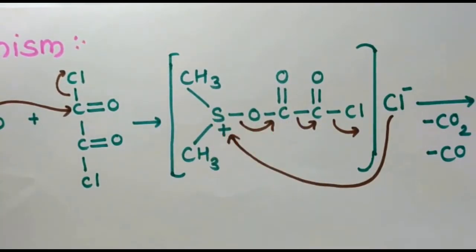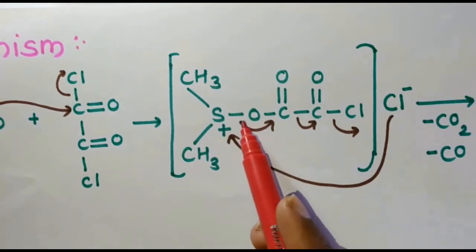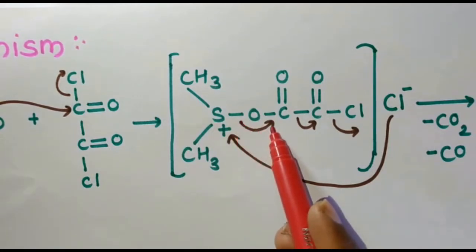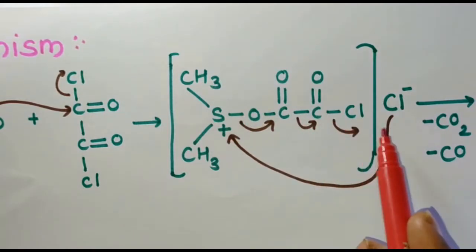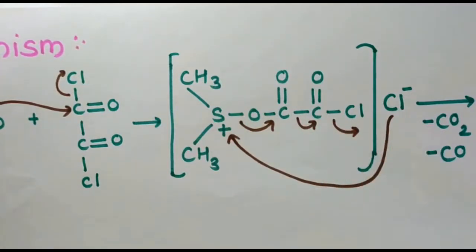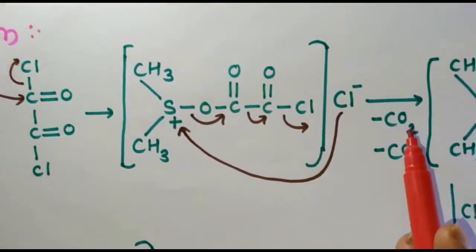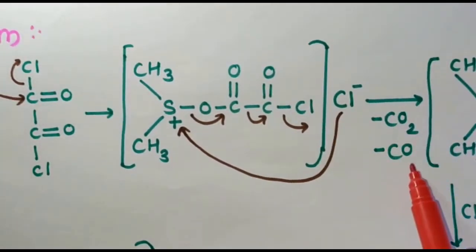Now a little rearrangement of electrons is possible. Here this electron pair is shifted here, and this electron pair is shifted to this carbon atom, and the chloride is removed here. So there will be an elimination of carbon dioxide and carbon monoxide.